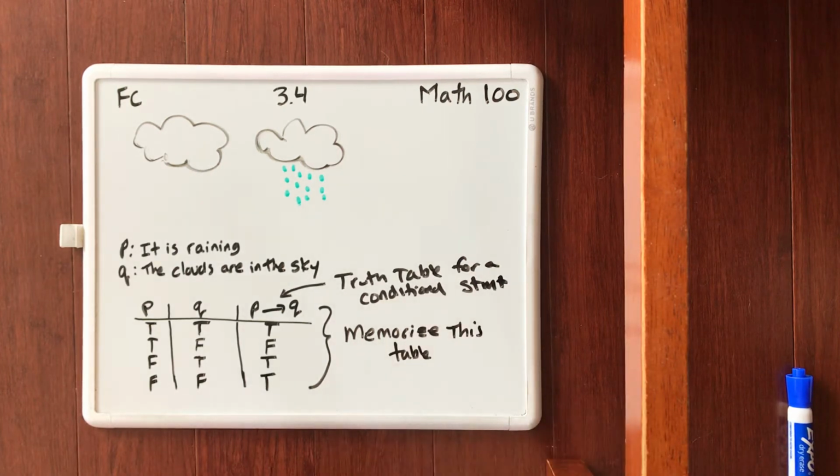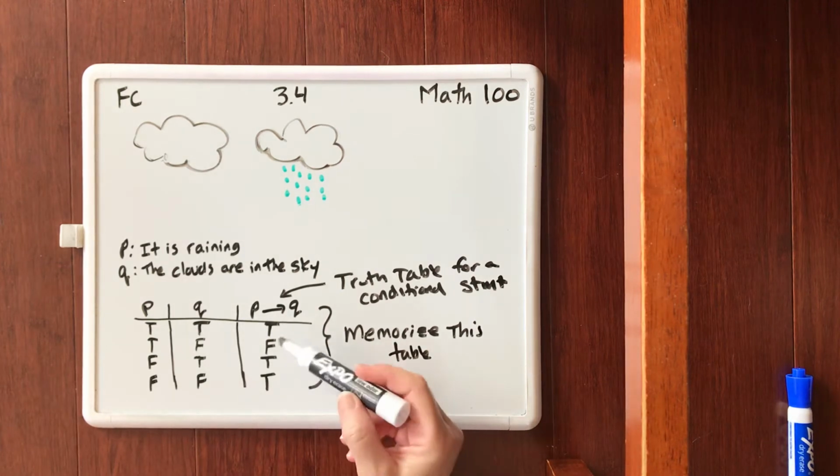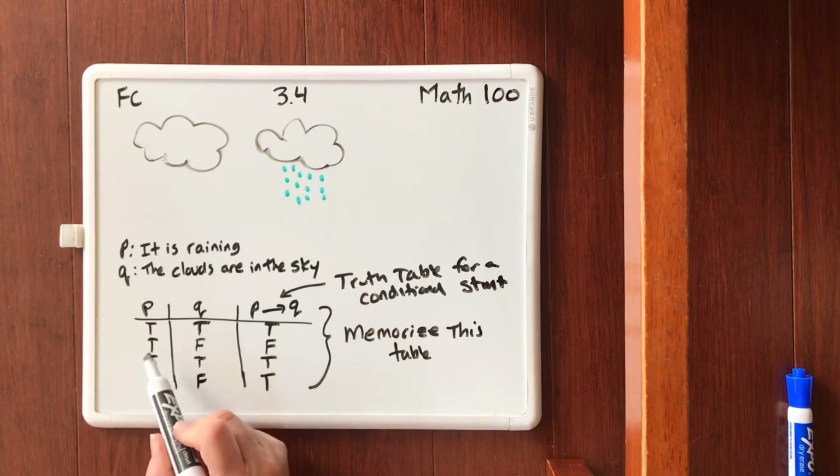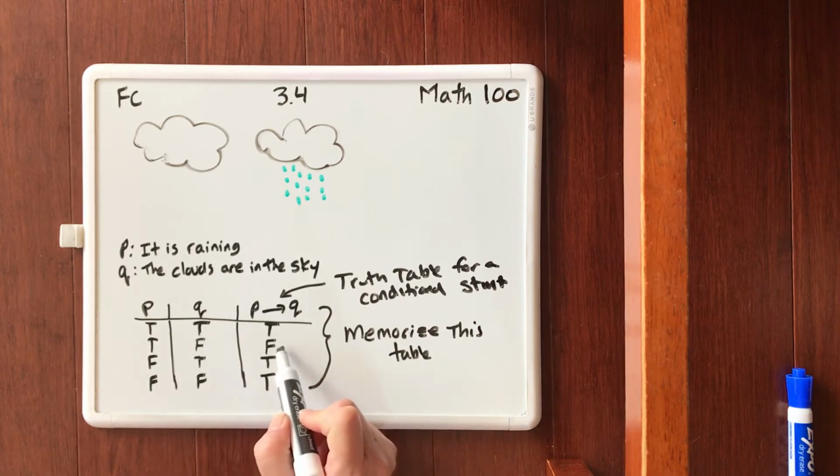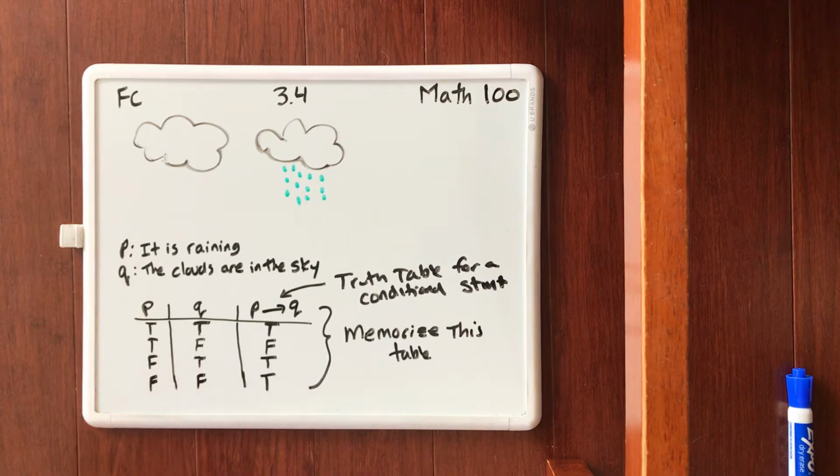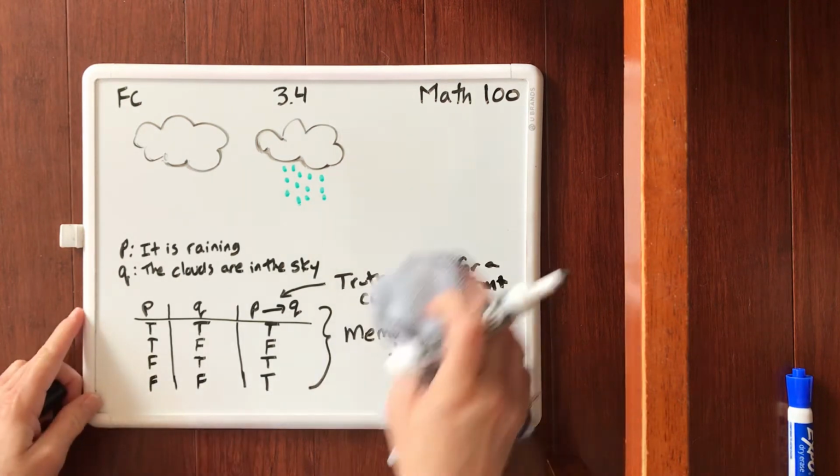Now it's easy to memorize because notice we have all truths and only one false. So when it's a true, false, the answer is false and the rest are true. So that's easy. Now we're going to construct some truth tables.